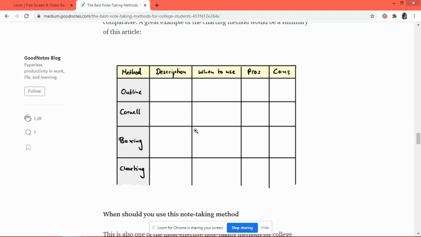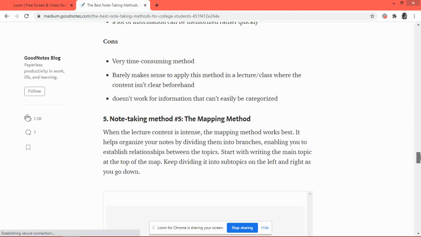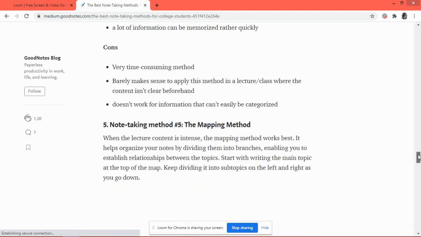This might be good for a subject like social studies, history, maybe even math. Maybe instead of pros and cons, you put when to use a formula for a math problem. And those are some pros and cons.